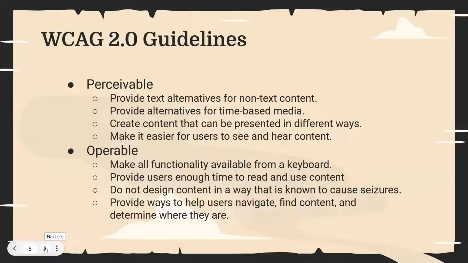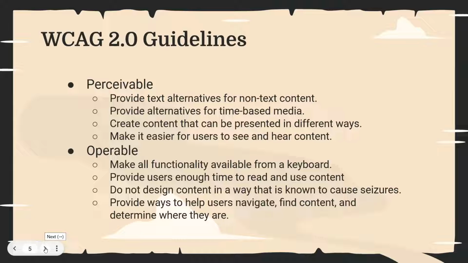You don't want to have that, because when a screen reader is reading that, it would read the entire link out rather than saying what the link is going to. And then making it easier for users to see and hear content, so thinking about adjusting audio files, and making fonts readable, as well as size and different font styles.